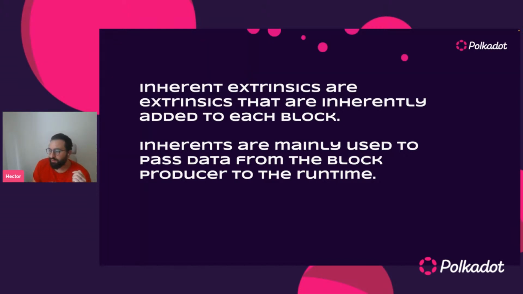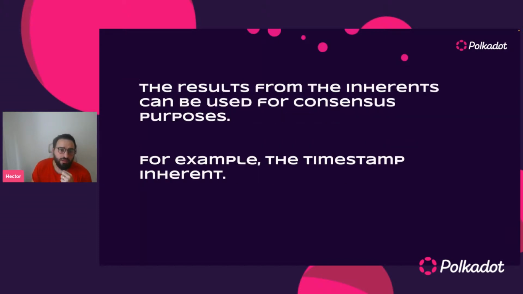Inherents are mainly used to pass data from the block producer to the runtime. In most cases, the results from these inherents have a purpose for consensus. For example, the timestamp is used for the slot allocation, as we will read in the code.